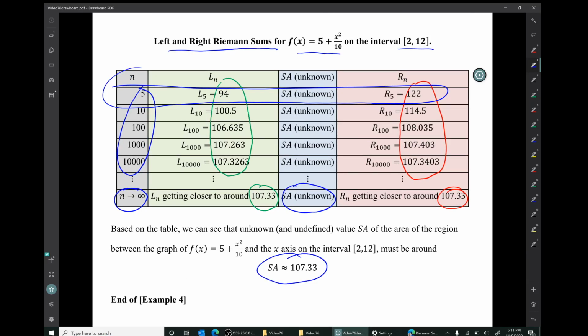Remember that at the time we discussed what that told us about this unknown value of the signed area. Based on these numbers, the left sum is 94, the right sum is 122. Based on just that, the best we could guess about the unknown SA was that maybe it's around 108, if we wanted to just guess that it's maybe midway between 94 and 122.